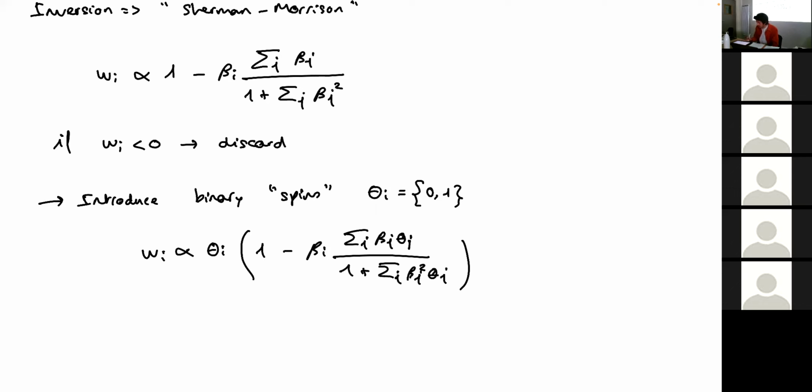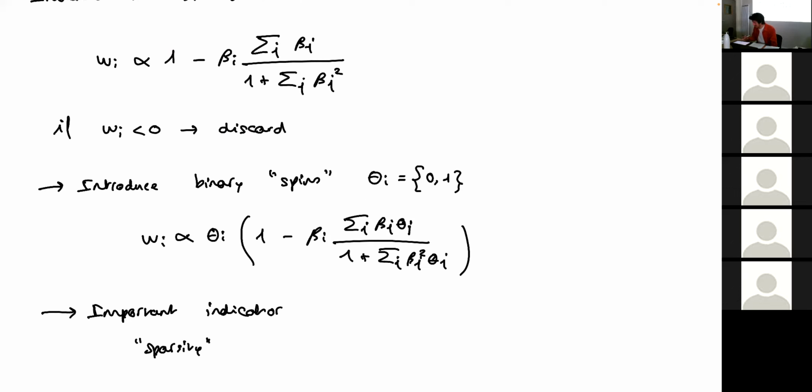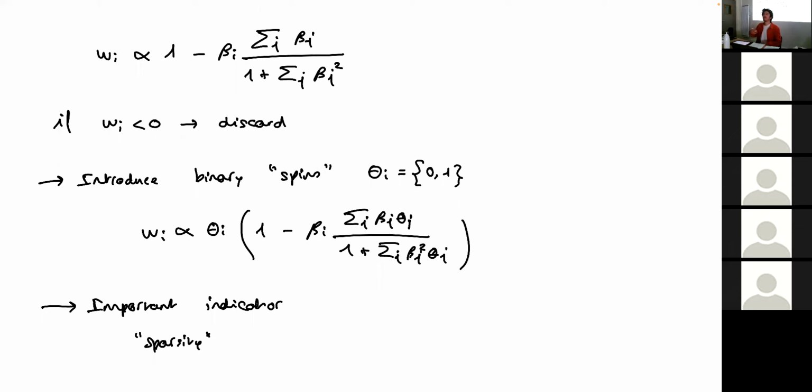An important indicator for the state of our system is something that we call the sparsity, which, now that I think of it, should maybe be the opposite of sparsity actually. It's the level of fullness of your solution.